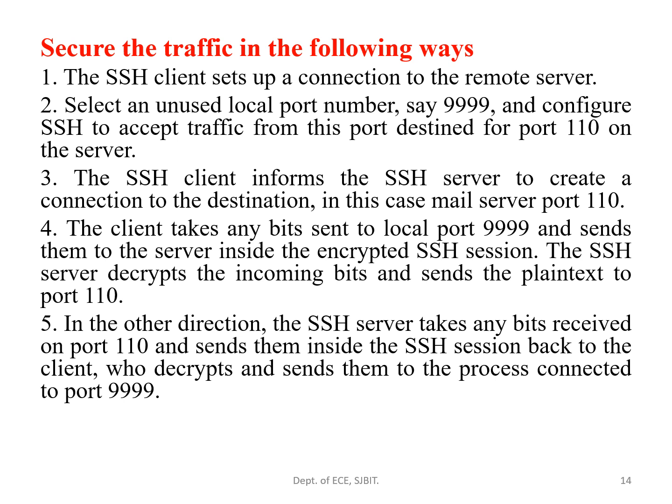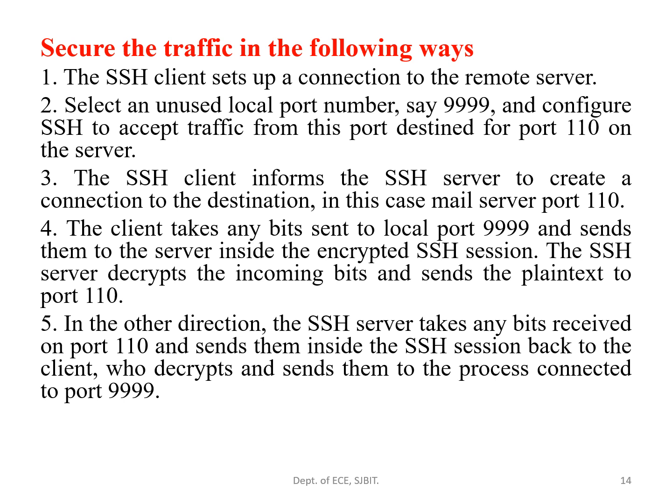The secure shell client informs the secure shell server to create the connection to the destination. In this case, the email server port is 110. The client takes any bits sent to local port 9999 and sends them to the server inside the encrypted SSH session.